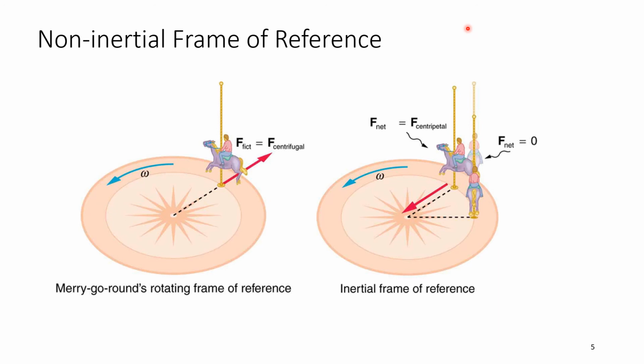In an inertial frame of reference like the Earth, and according to Newton's law, it is the rider's inertia that carries him off. A real force, the centripetal force, is needed to cause a circular path. Otherwise, the rider would go in a straight line right off the merry-go-round.